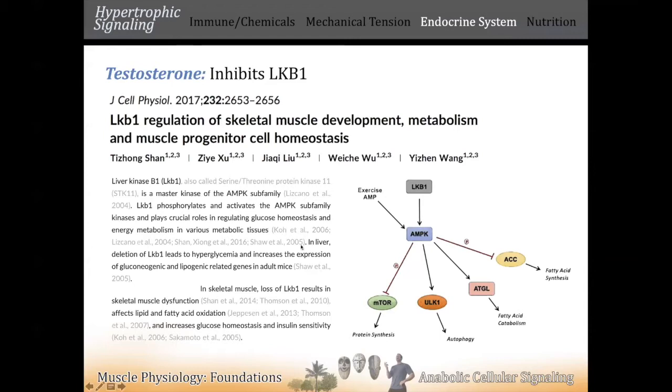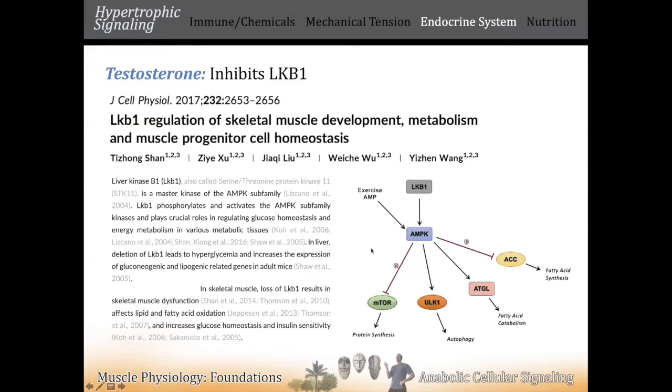Now, it has effects in the liver, right? In liver, deletion of LKB1, you get some hyperglycemia, and so there are effects in the liver, but it's in skeletal muscle too, right? So its name, don't think that that's where it lives and it doesn't live anywhere else. A lot of these names aren't particularly descriptive of their residence or their function.